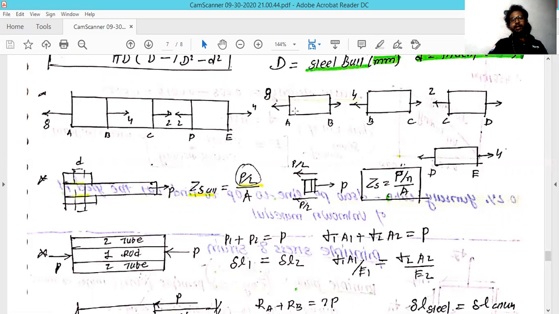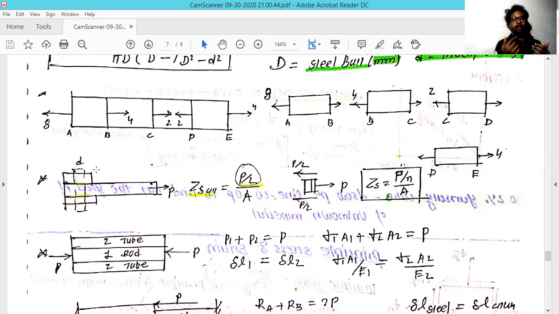Now we move to the second cross section, B to C, and draw a vertical line through it. The forces on the left side are the 8 kilonewton at point A, and next, on the right side, a force of 4 kilonewton.